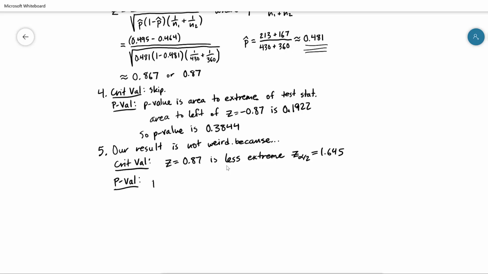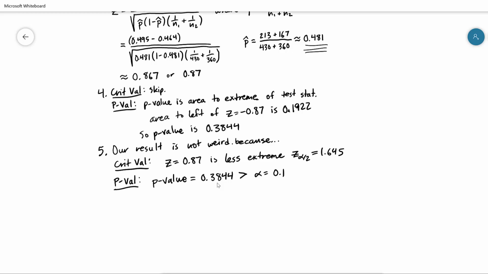And in this case, it's because our p-value, which is 0.3844, is greater than the significance level, which was 0.1. We said we'd consider something weird if it had less than a 10% chance of happening. It turns out that ours has like a 38% chance of happening.